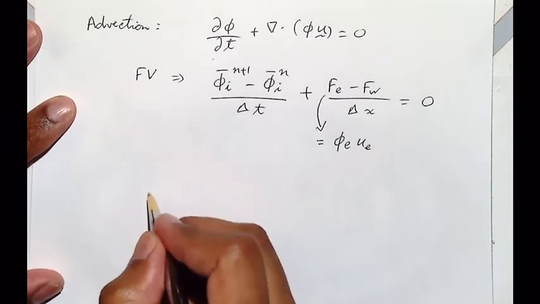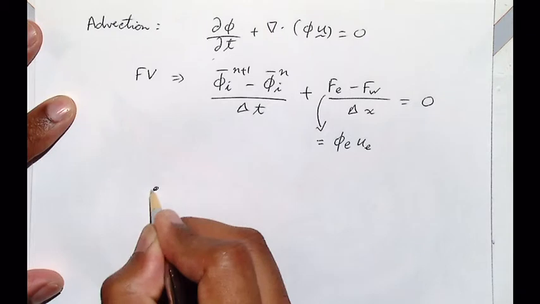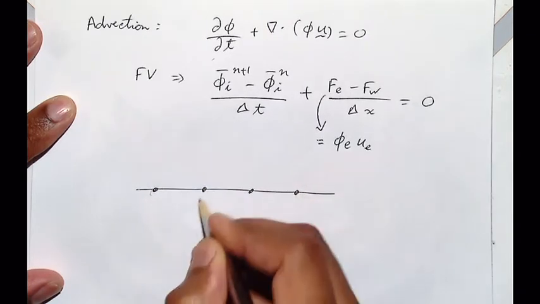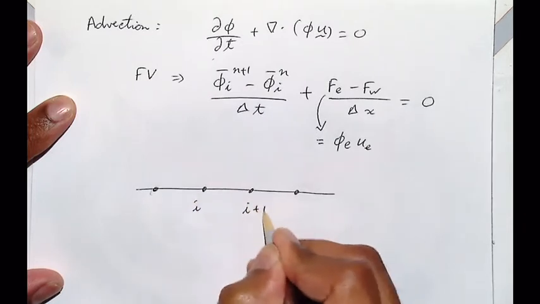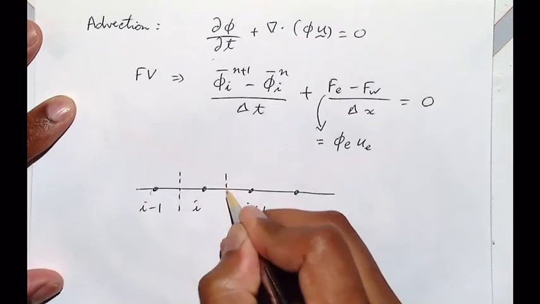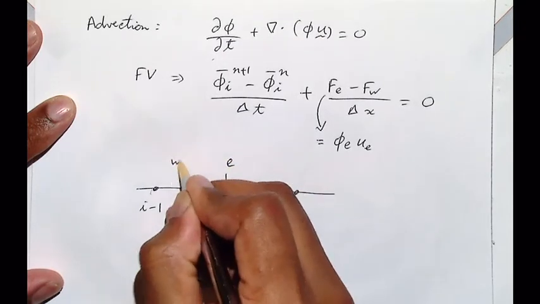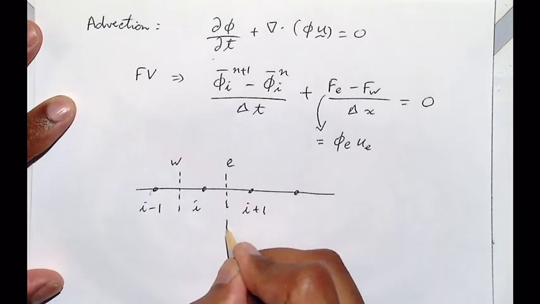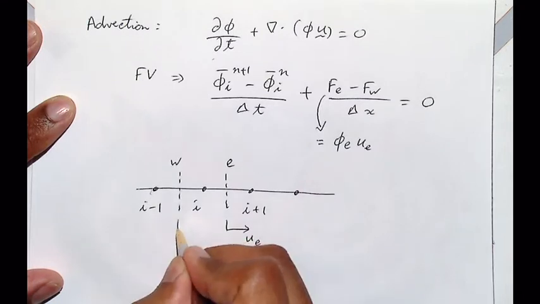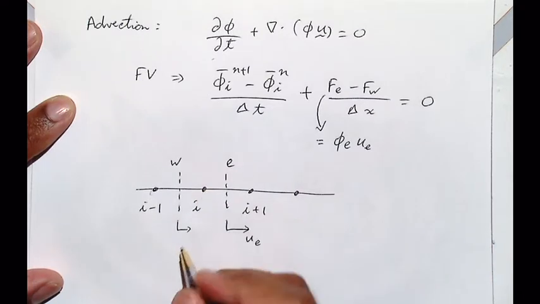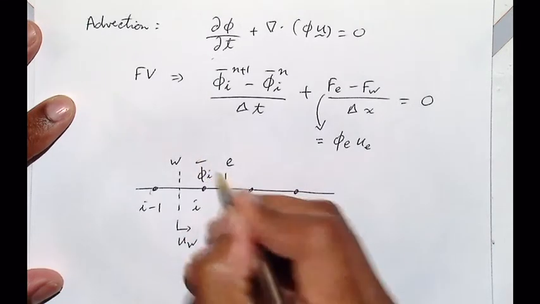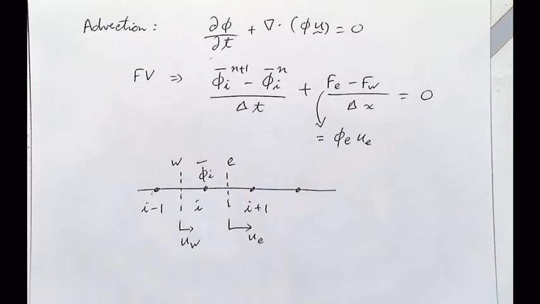Okay, now we have our i plus 1, i minus 1, and we have the faces, east and west. Again, as we've been talking about, we store the velocity at the faces and the cell averages at the centers. Okay, so in memory we only have the φ̄ values.